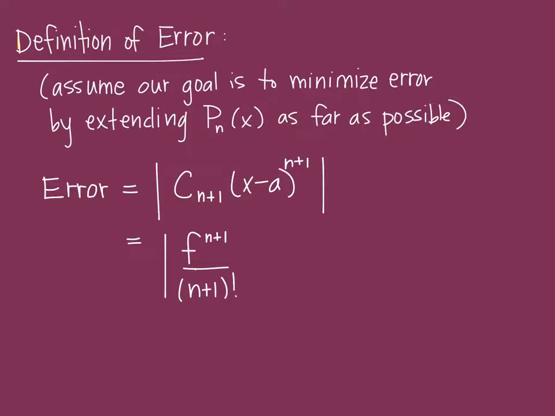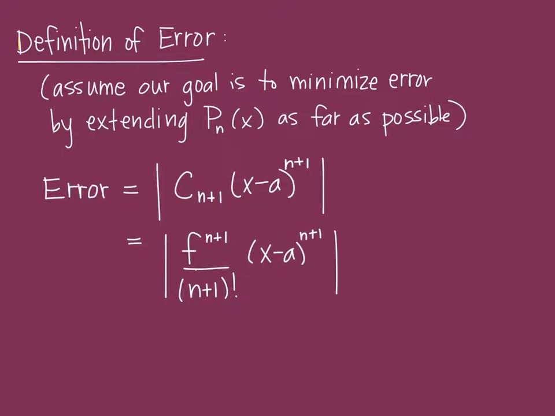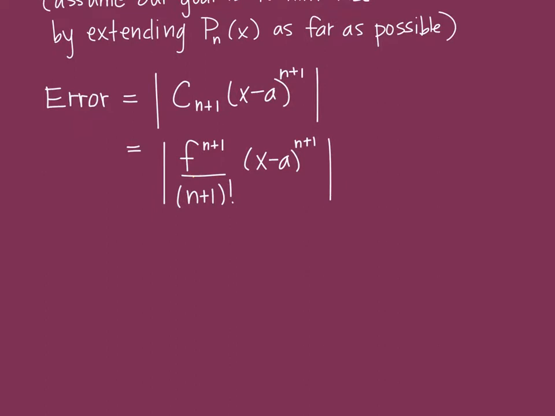That was how we created it, times x minus a to the n plus 1. That is the definition of error. It's the absolute value of the next term. So if you have that definition, then that allows you to answer this question.